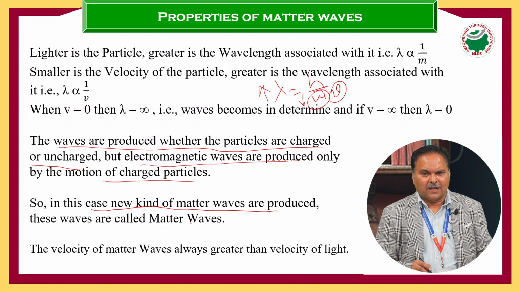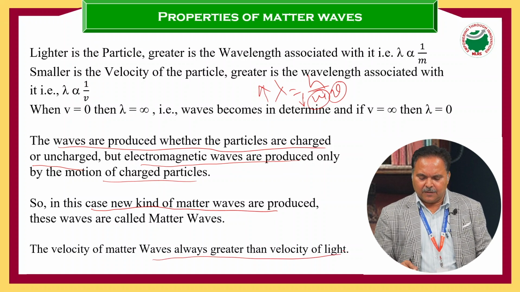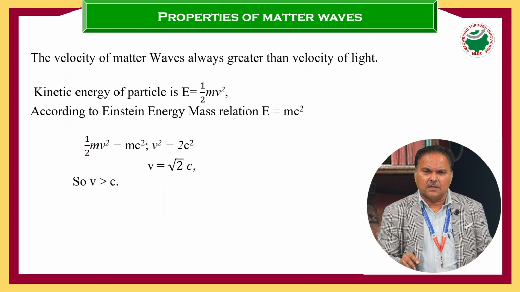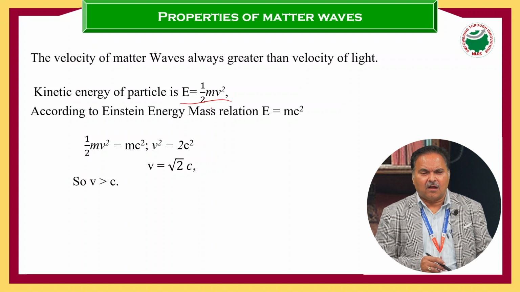The velocity of these matter waves is always greater than the velocity of light. That's another important topic. Most of us say the velocity of light is very high, but the matter wave velocity is even greater. How does this happen? There is a mass-energy relation, and the particle is moving, so there should be some kinetic energy, half mv square.